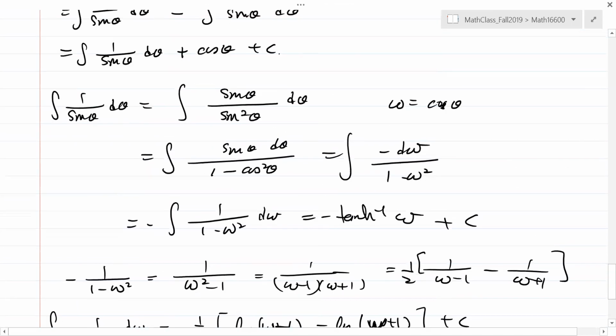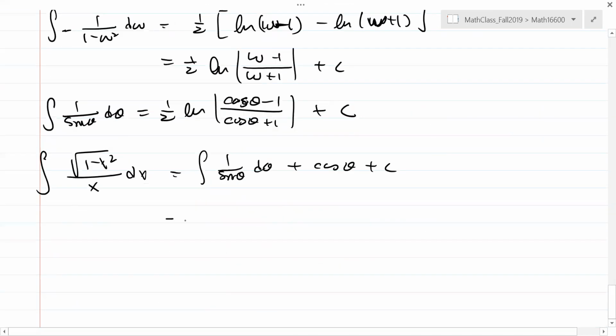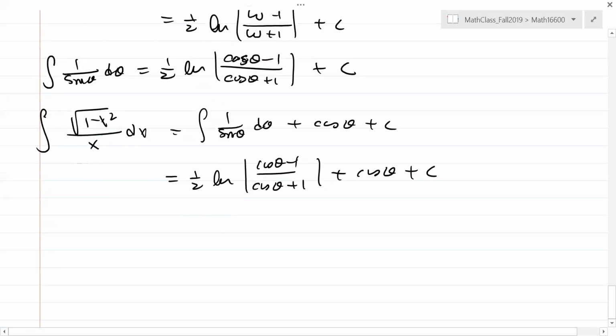Let's go back here. Since I already have this formula, you have to replace cosine theta by x, and cosine theta equals 1 minus square root of x. So you put this back.